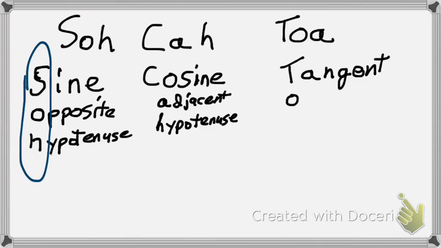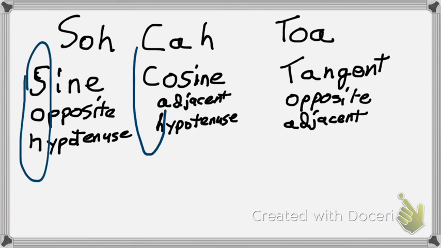And finally, we have tangent is the opposite leg over the adjacent leg. So you can see that the first letter of each one spells out SOHCAHTOA.